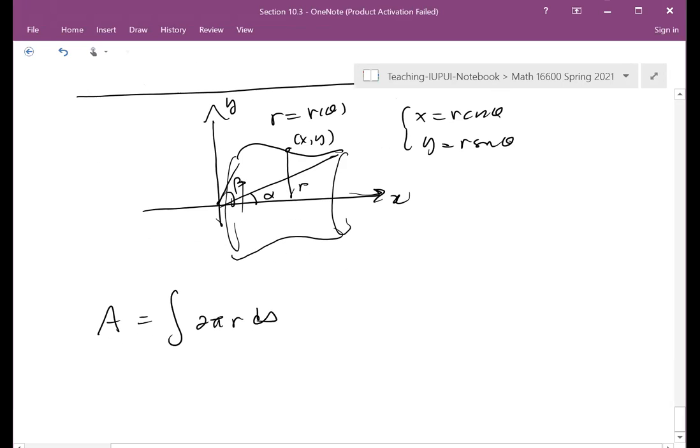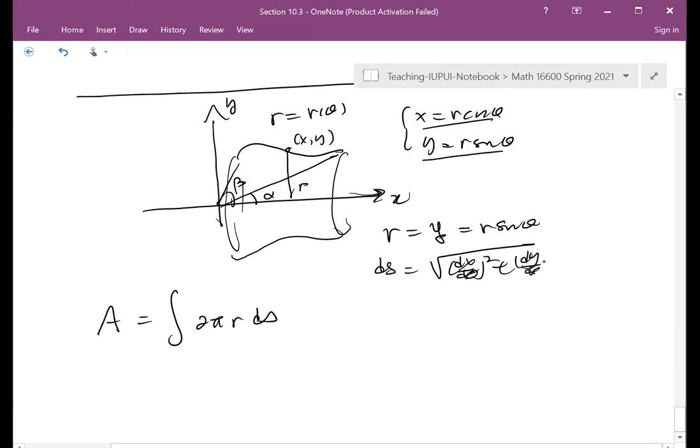Since we have these parametric equations, y is going to be r sine theta. And ds is going to be the square root of (dx d theta) squared plus (dy d theta) squared, d theta, which we already know is the square root of r prime of theta squared plus r of theta squared, d theta.